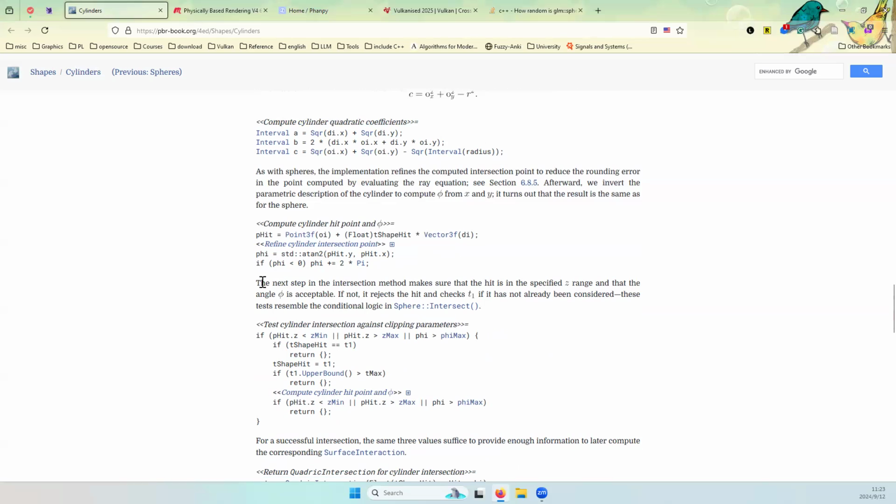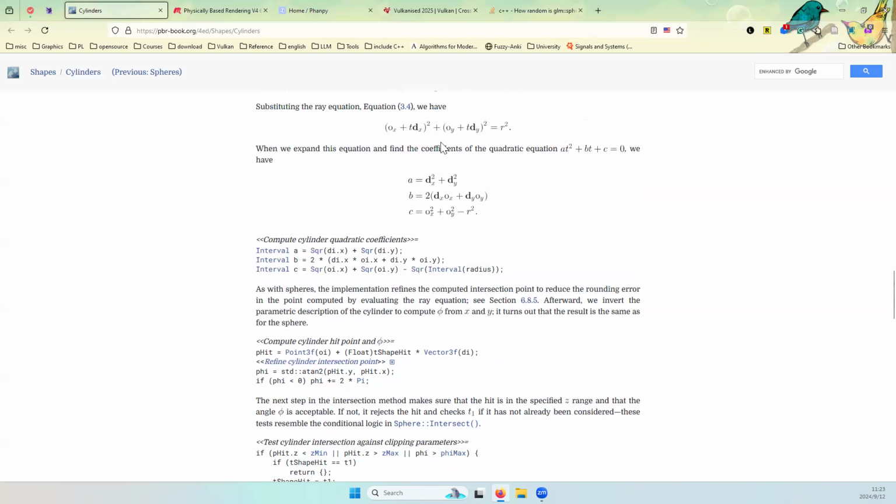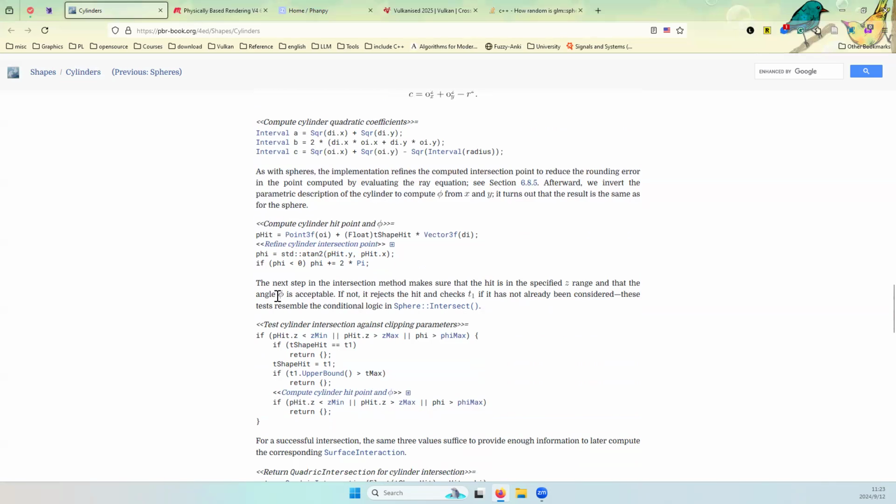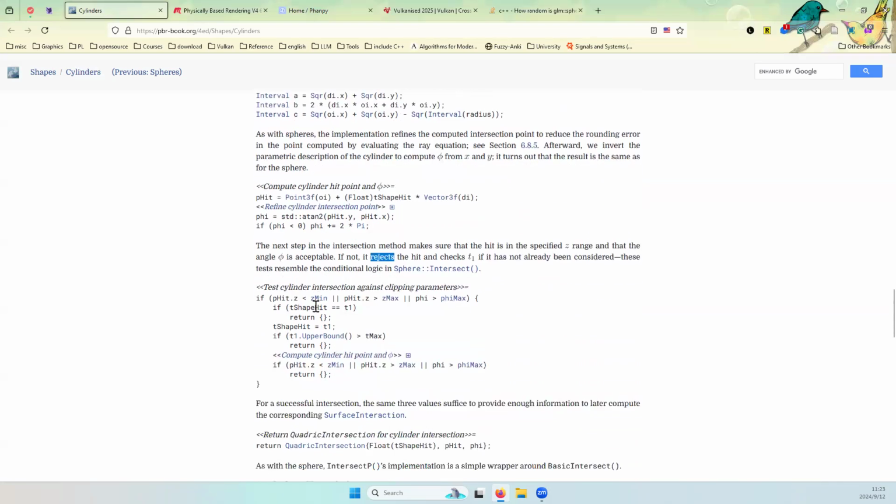Next step in the intersection method, make sure the hit is in the range because that was infinite, and the angle is acceptable. If not, they reject the hit.